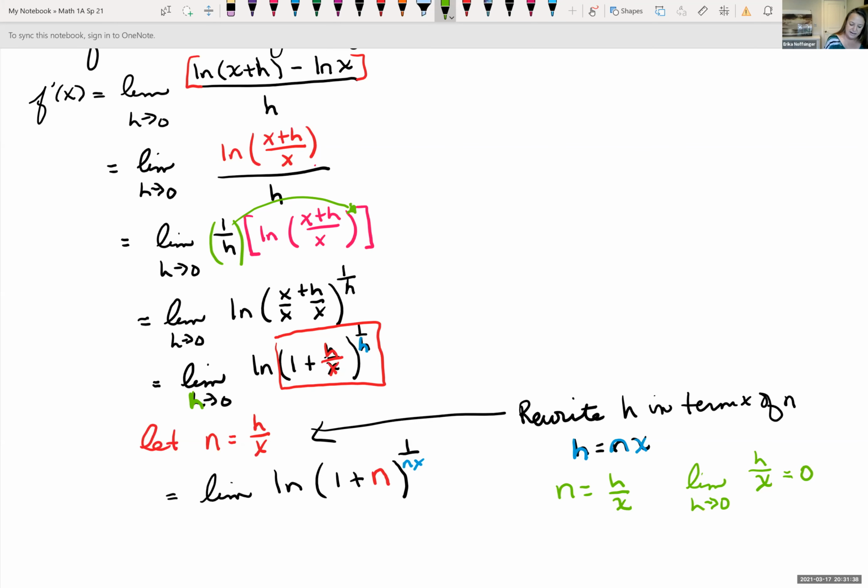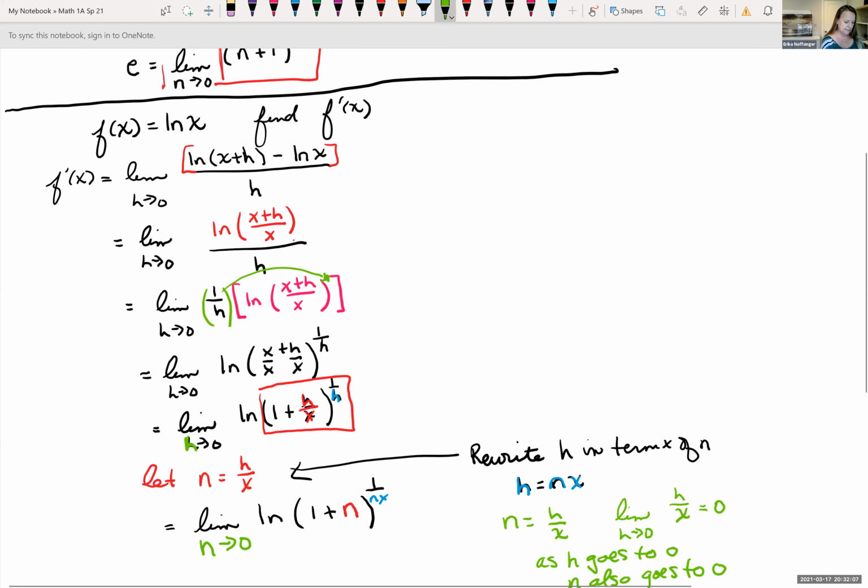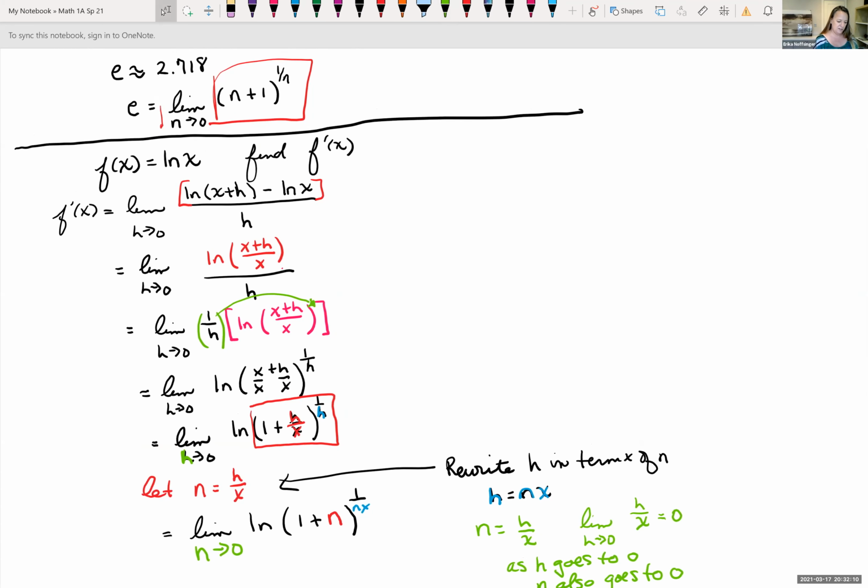So as h goes to 0, n also goes to 0. So in here, I can say that n is approaching 0. Okay, so I'm almost there. We've almost manipulated this to look like this e function. The only thing is it's 1 over n times x instead of just 1 over n.